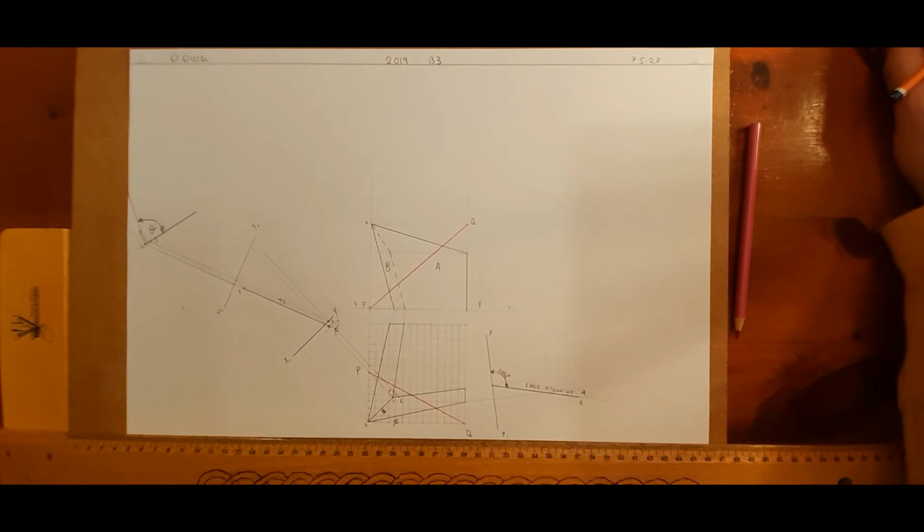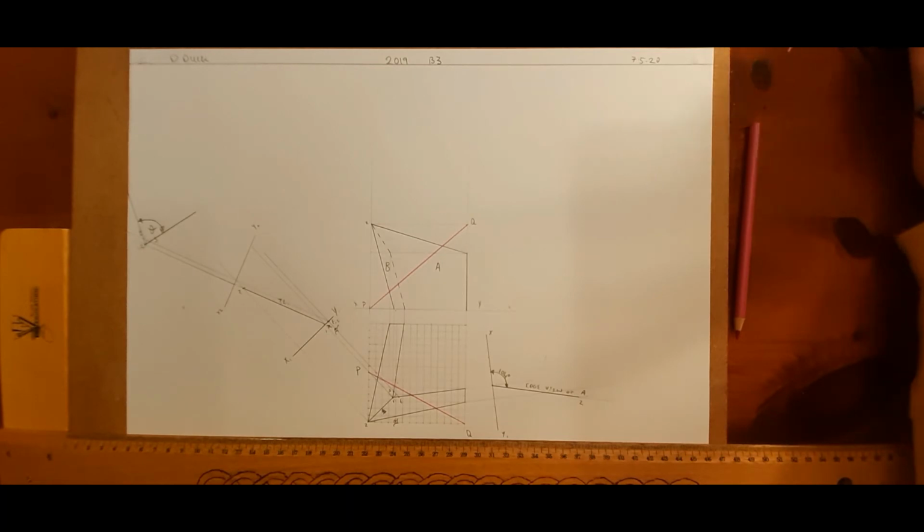And now for the last part, part D. Laser lighting is used to enhance the entrance to the hotel at night. The indicated straight line PQ represents the path of a laser beam. Determine the points of intersection on the line PQ with the planes A and B. So basically, where exactly is that cutting both of those planes when the light is shining?